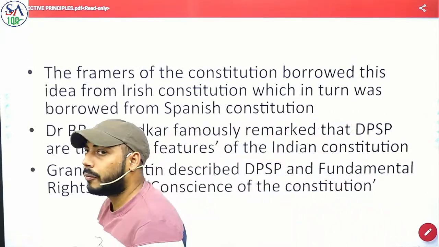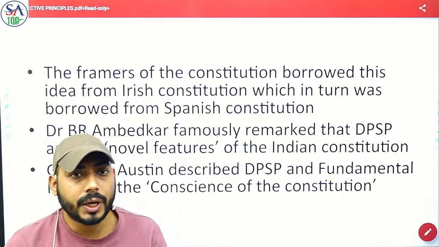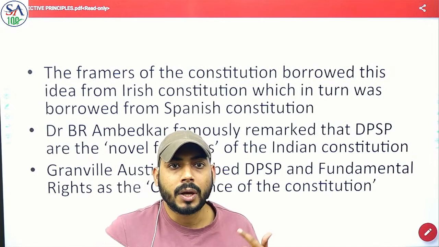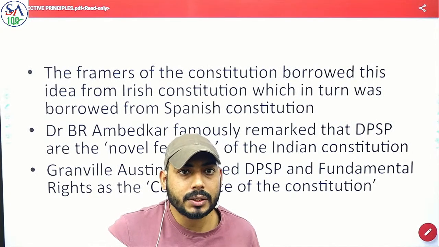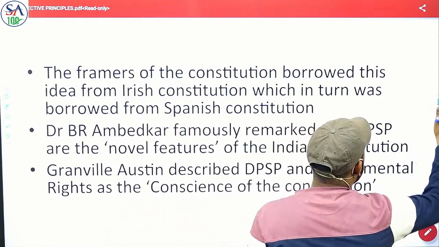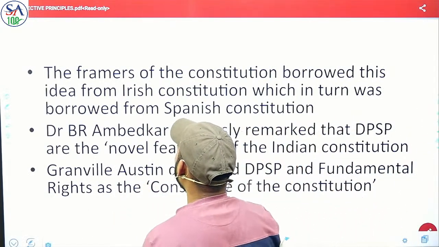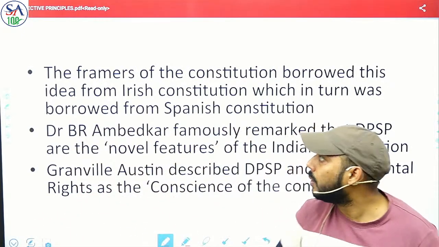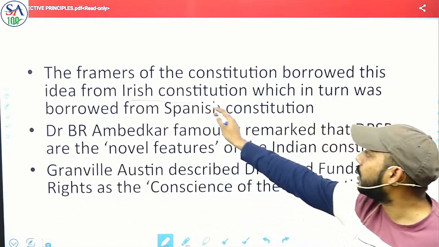Now first of all we will start with the introduction of DPSP. From where they were inserted, how they were inserted, what is their background. So the Indian constitutional makers of the Constituent Assembly have borrowed this principle from the Irish Constitution.